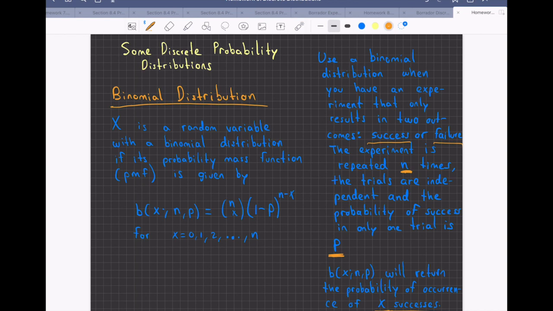Remember that, intuitively, independence means that what happens in one trial doesn't affect what could happen in the other one.